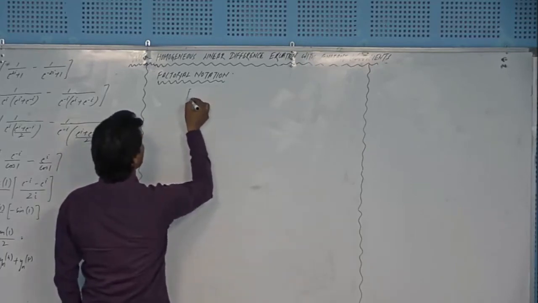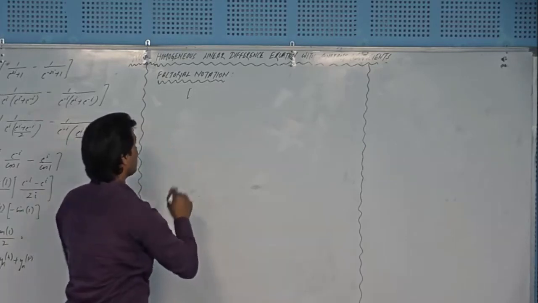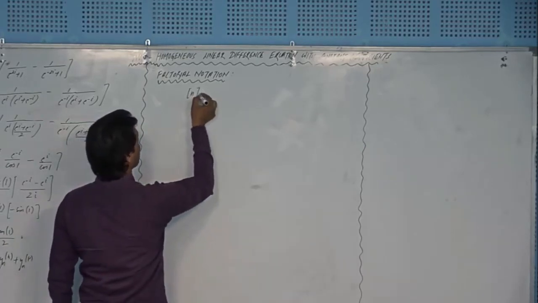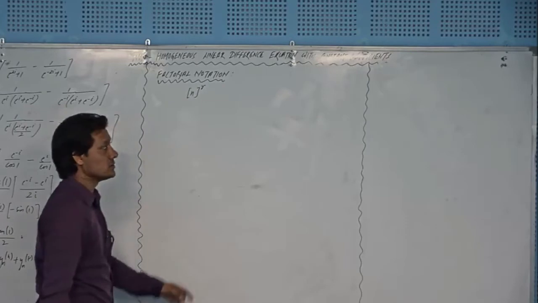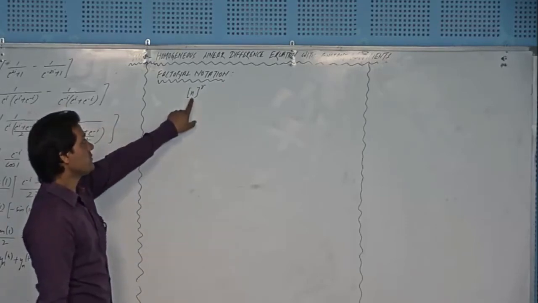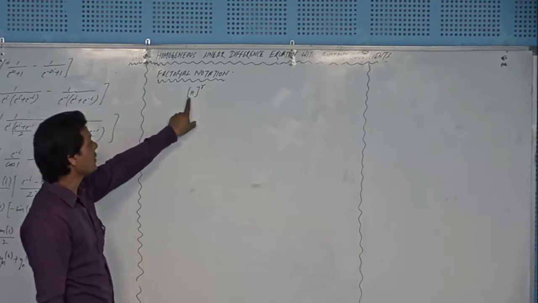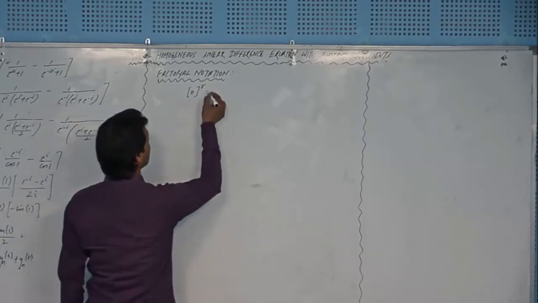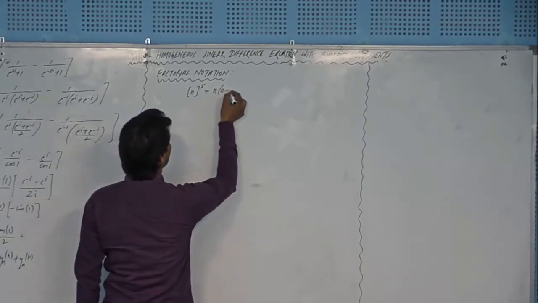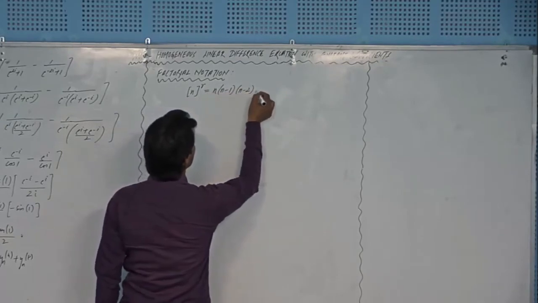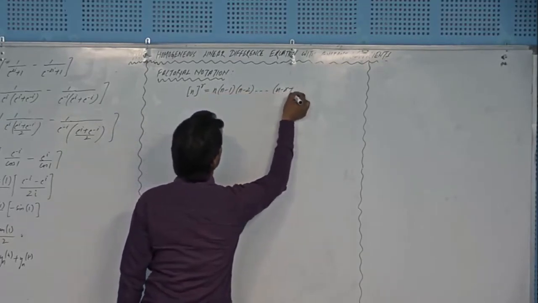Suppose you have y, and n, this thing, which you should read as factorial n r, right? This bracket is for factorial n r, that is defined as n, n minus 1, n minus 2, up to n minus r plus 1.